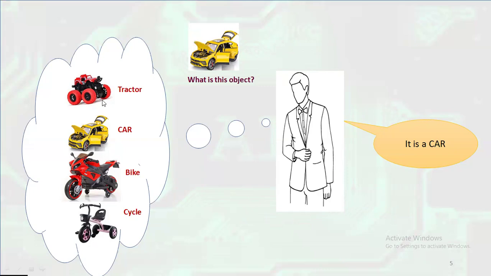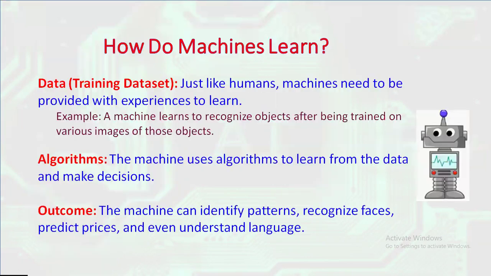And if I show this picture and ask what type of vehicle it is, he may immediately say that it is a tractor. For another object, he can say it is a bike, it is a bicycle.